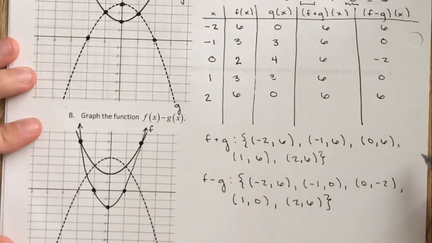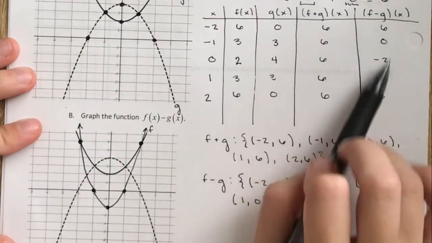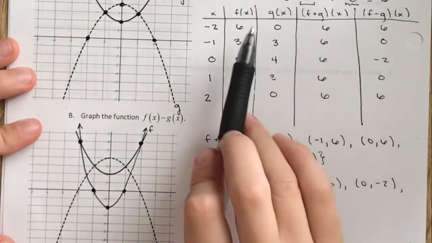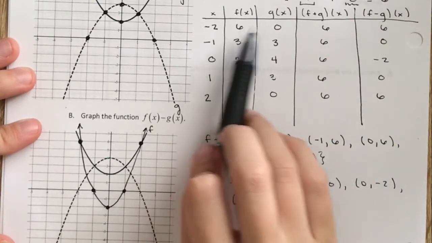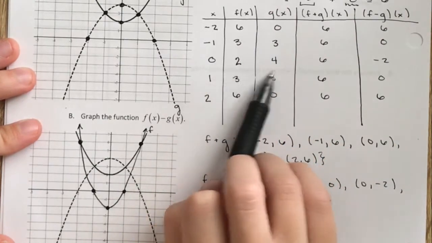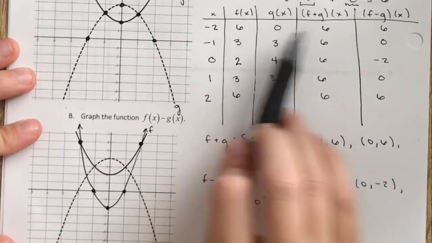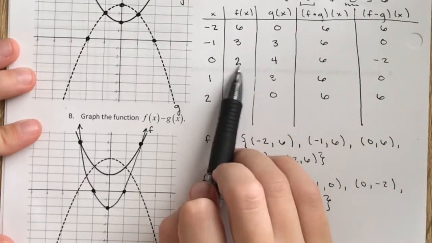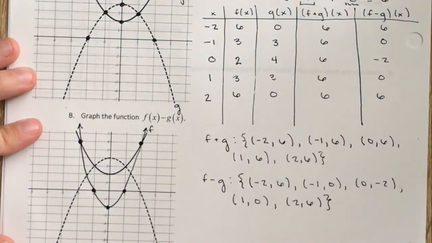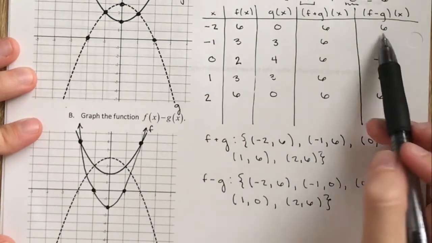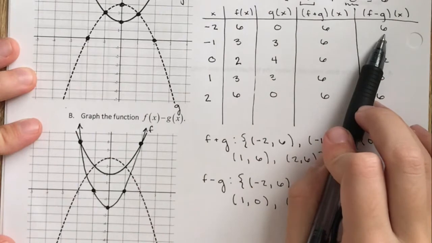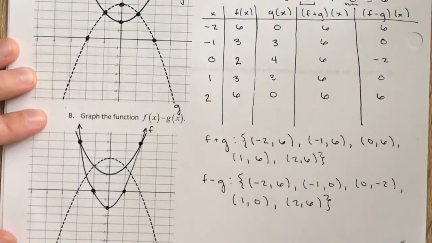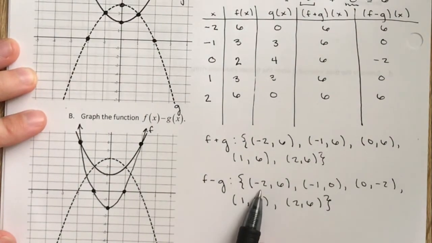Okay, so looking at our table, we have our y values. These are simply f of x minus g of x for each x value, right? 6 minus 0 is 6. 3 minus 3 is 0. 2 minus 4 is -2, etc. Then again, we're gathering x and y for each x value and writing the point, right?